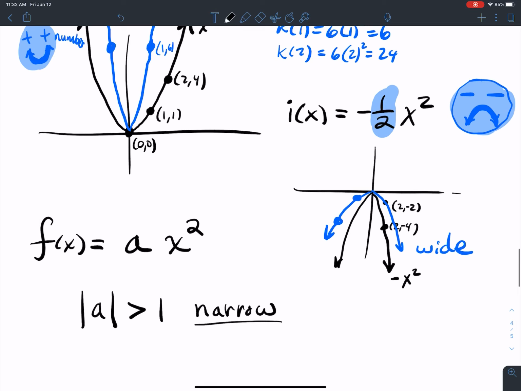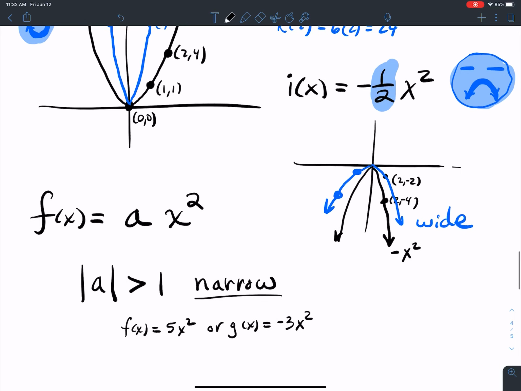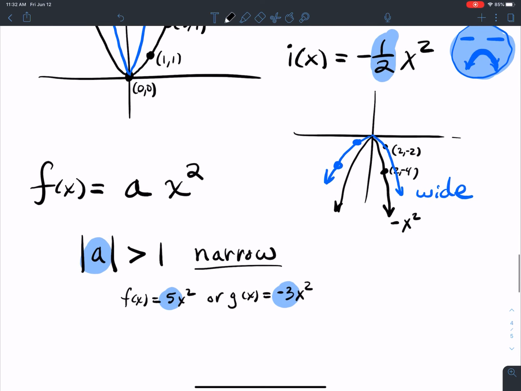That would be like if I had f of x equals 5x squared, or g of x equals negative 3x squared. In absolute value, negative 3 is greater than 1. Absolute value is how far we are from 0.